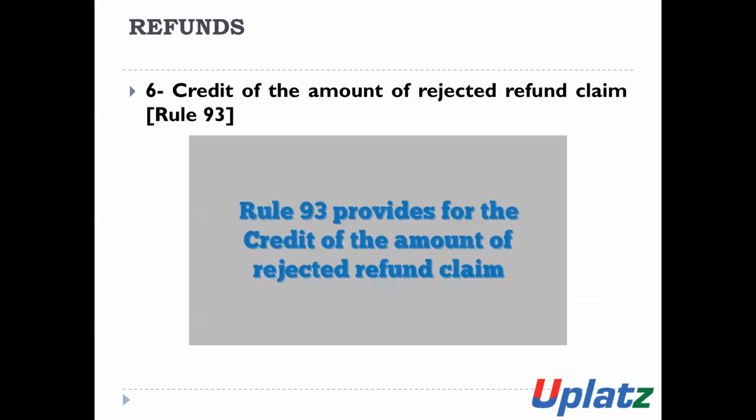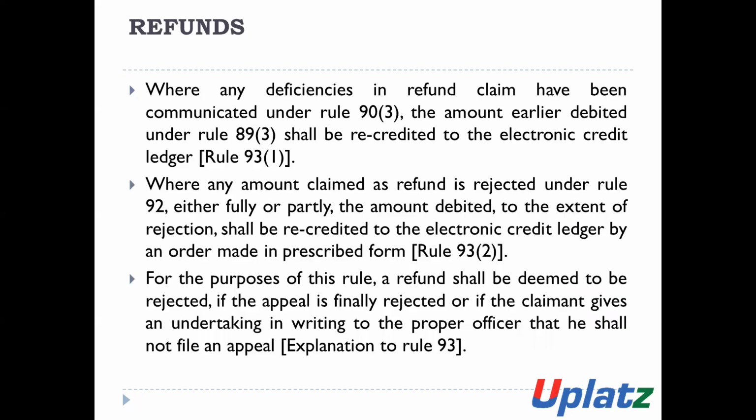Credit of the amount of rejected refund claim. Rule 93 provides for the credit of the amount of a rejected refund claim.